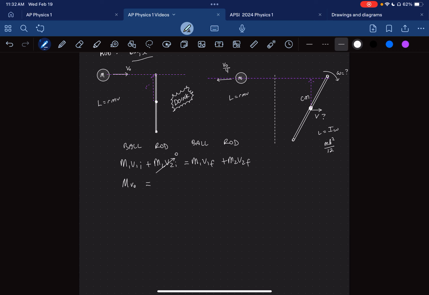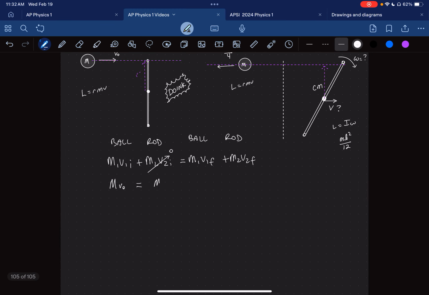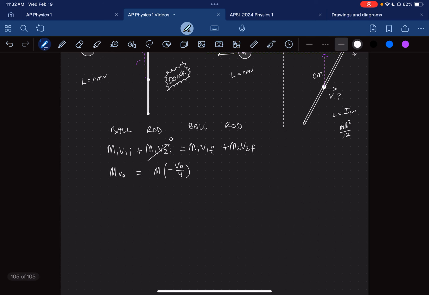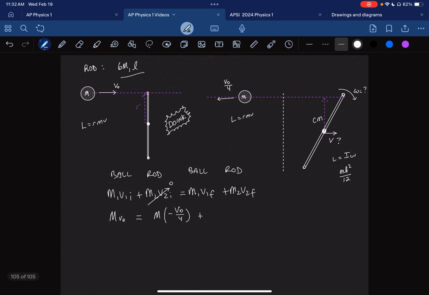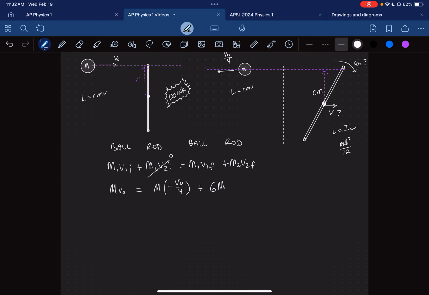Now after the collision, the ball has mass m and velocity negative v naught over 4, plus the mass of the rod is 6m, and its new velocity, well, we don't know what it is, but we're just going to call it v.